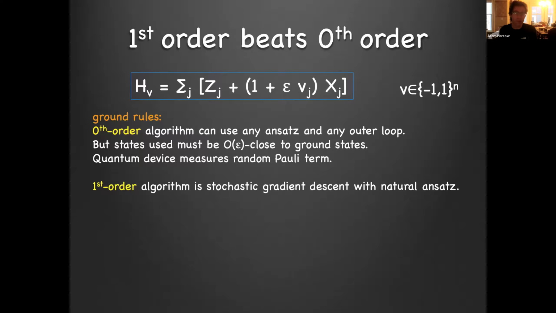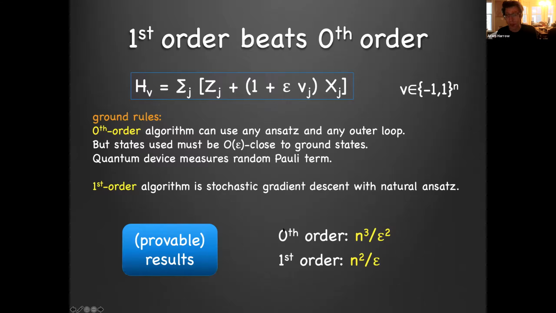And in that case we can prove that first order, gradient algorithms do better than just direct energy measurements. For this case, there's no advantage in going on to second order algorithms, but I think that's an interesting thing to look at in future work.